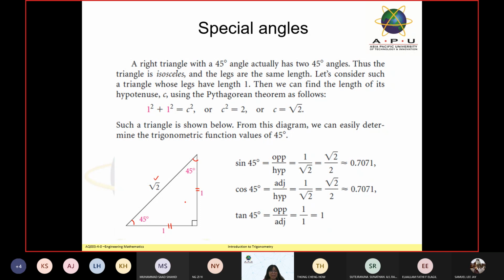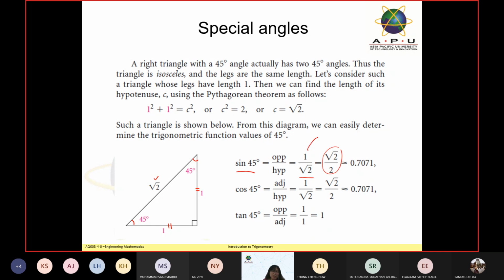For the sine of 45, it is opposite over the hypotenuse, which is 1 over square root of 2. So we can write the answer for sine 45 degree as 1 over square root of 2, or I can write it as square root of 2 divided by 2.